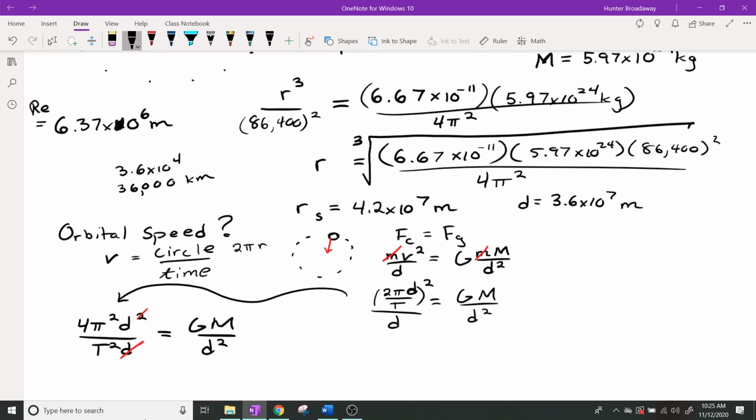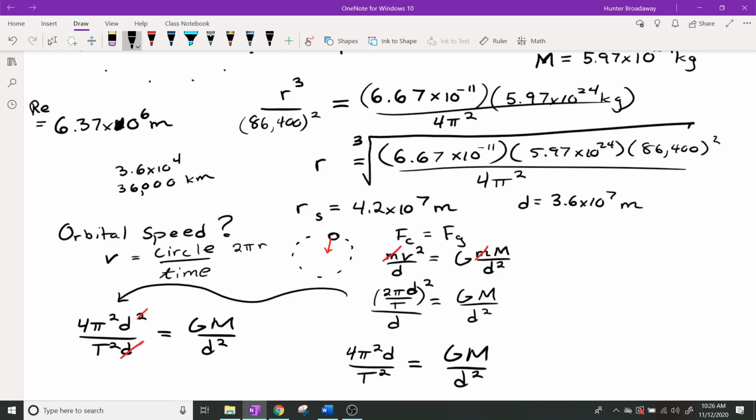So that's 4 pi squared d over t squared equals GM over d squared. They don't cancel. Can we combine them? Yes, because we can cross multiply, but they don't cancel. You cross multiply them, and the d and the d squared are going to become a d cubed.